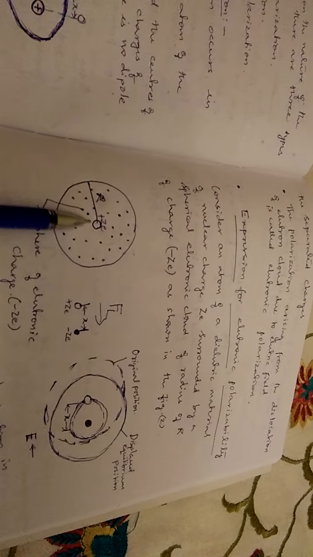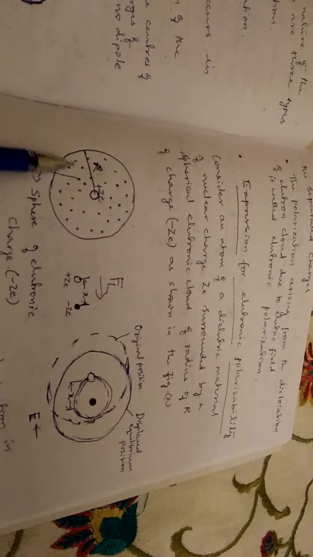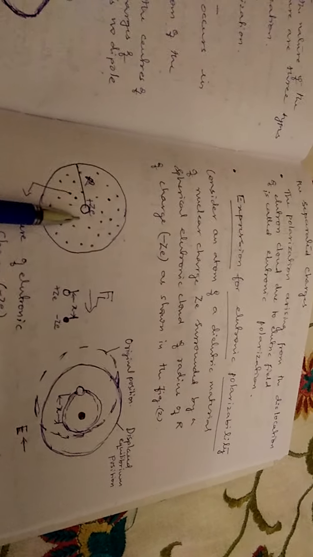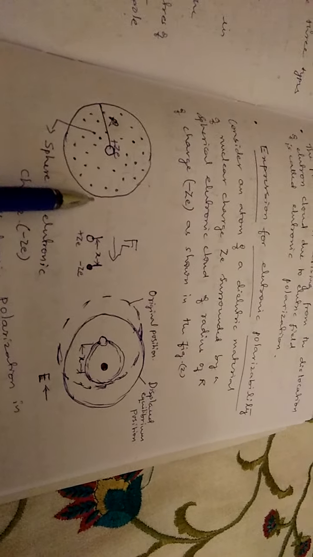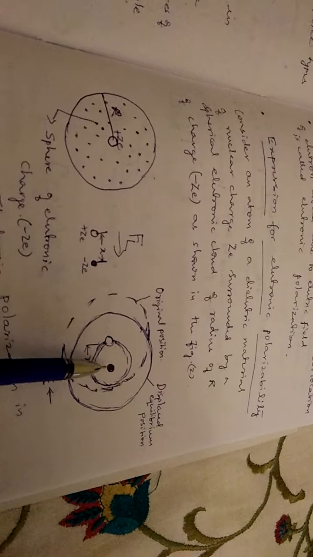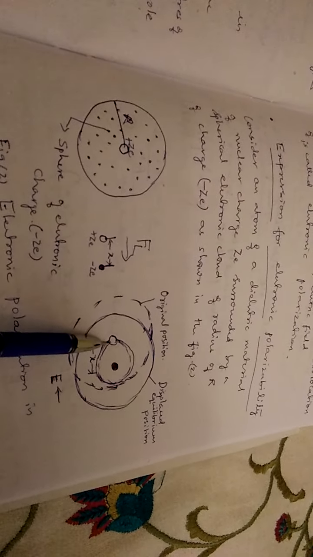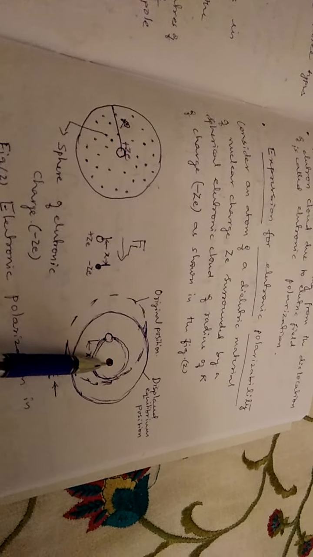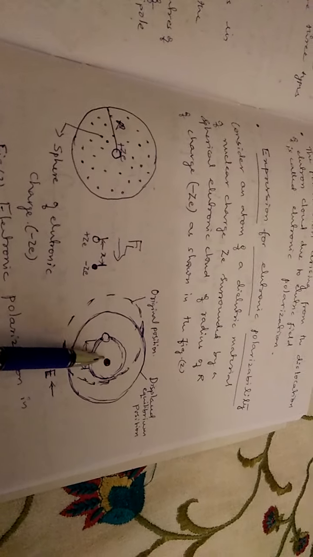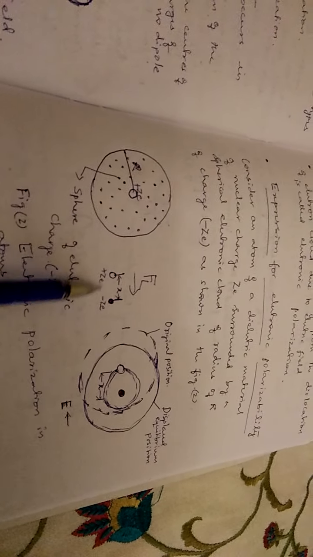The radius of this sphere is capital R. In the absence of an electric field this is the situation; when the electric field is applied, the electron cloud is displaced. Now the center is here for the electron cloud, and this is the original center for the nucleus. So this carries positive charge and this carries negative charge, with a small distance between them, forming a dipole.